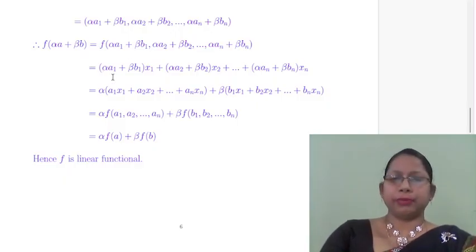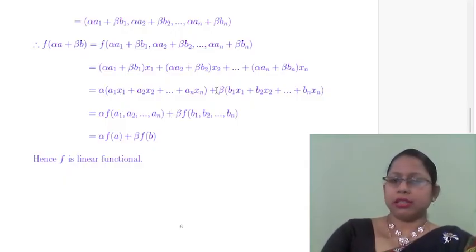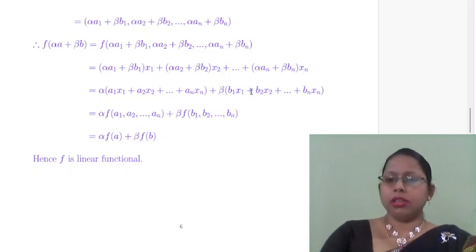Then write alpha terms with alpha terms and beta terms with beta terms. We will get this one. Take alpha common, that is alpha into (a1 x1 plus dot dot dot an xn). Then in the second term you will get plus beta (b1 x1 plus dot dot dot bn xn).